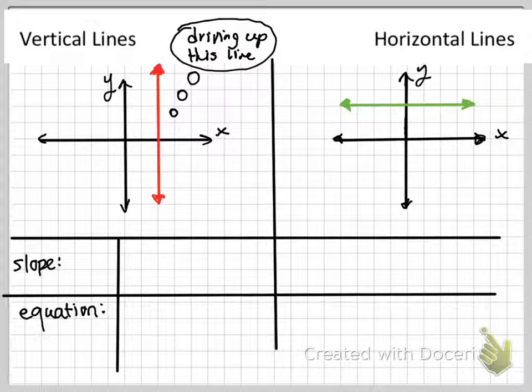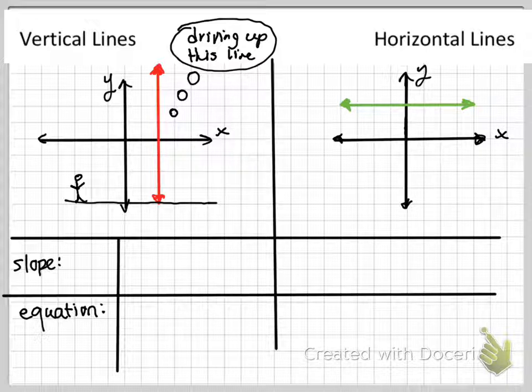Well, that's crazy, right? If this is the earth right here, and you're standing right here, you can't drive up this. That's not a road. That's like a cliff, okay? It is very steep. In fact, we sometimes will say that it's infinitely steep, okay?